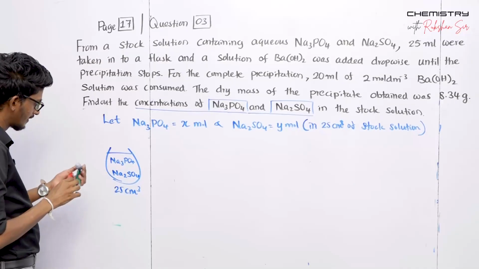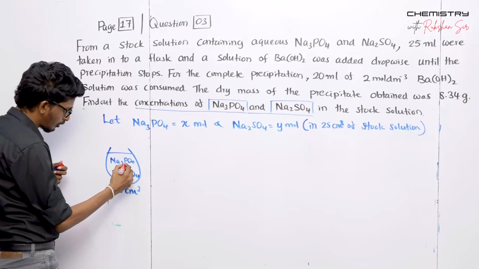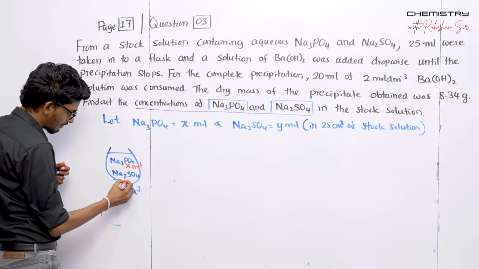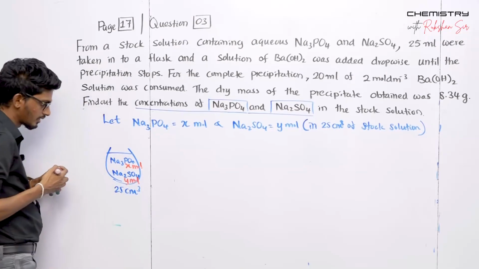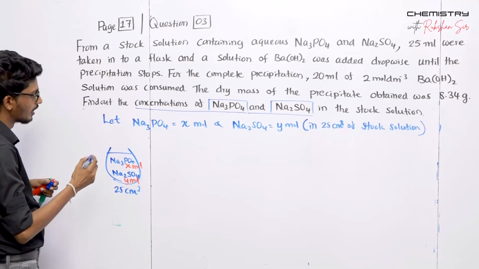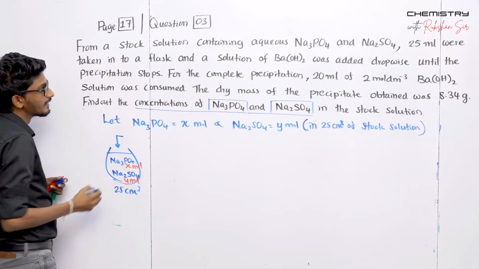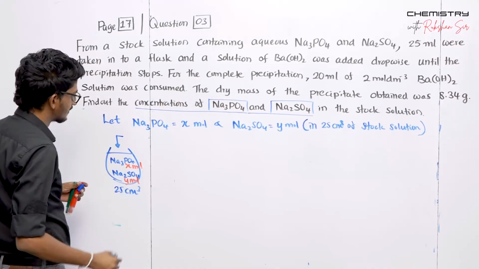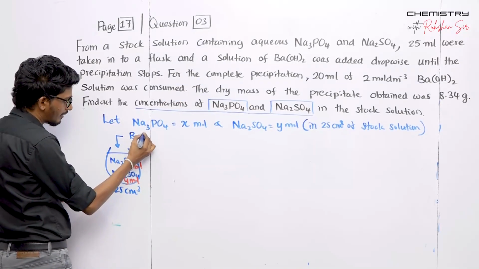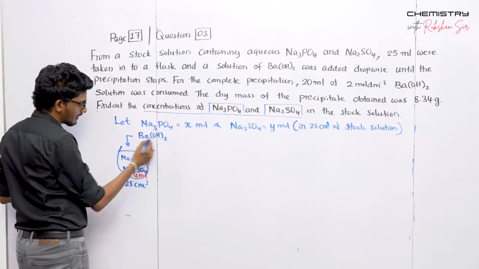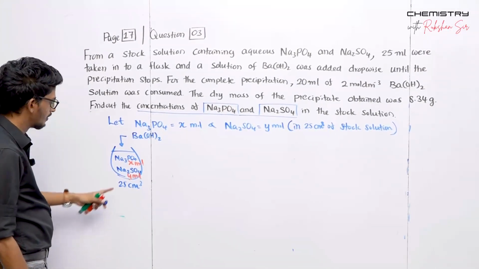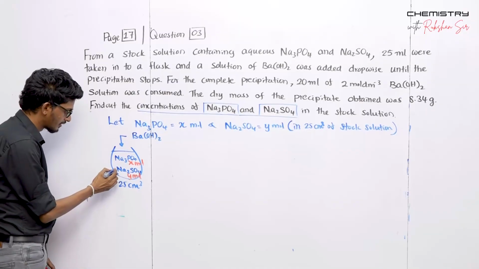You had taken the amounts there as x moles and y moles. And then what you have done, you had added the barium hydroxide solution to your 25 cubic centimeter solution.